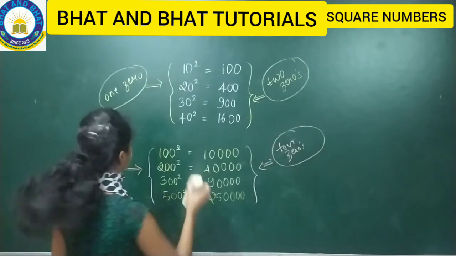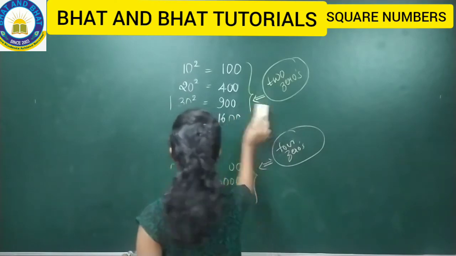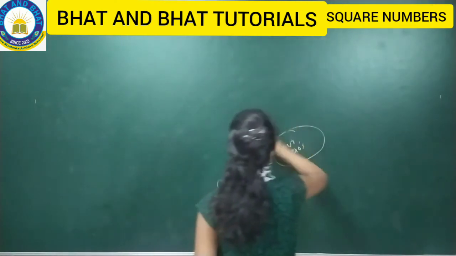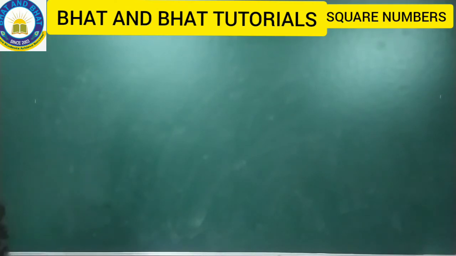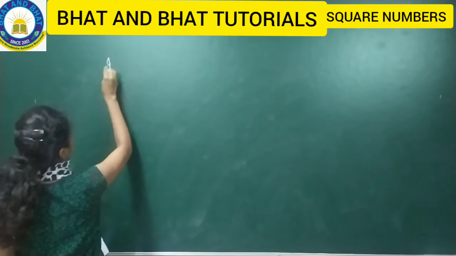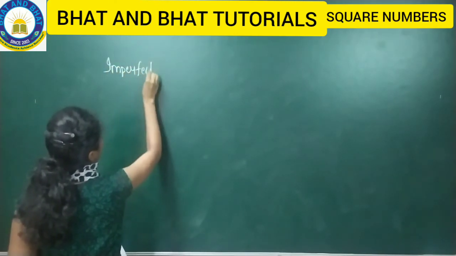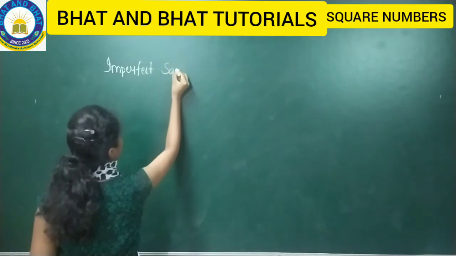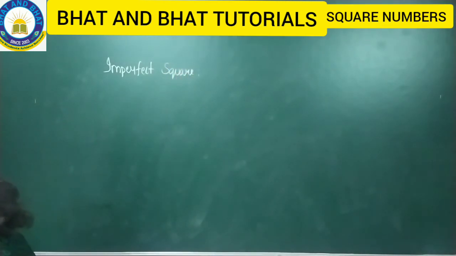Now we'll move on to imperfect square. So what is this imperfect square? This is your second one, imperfect square.